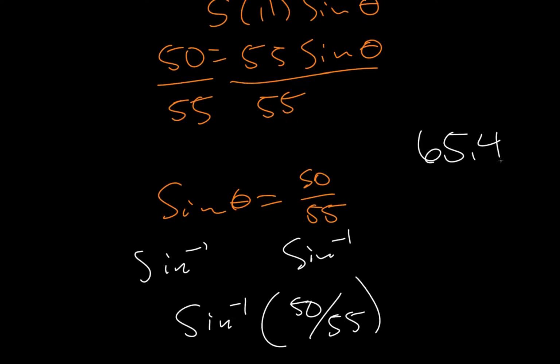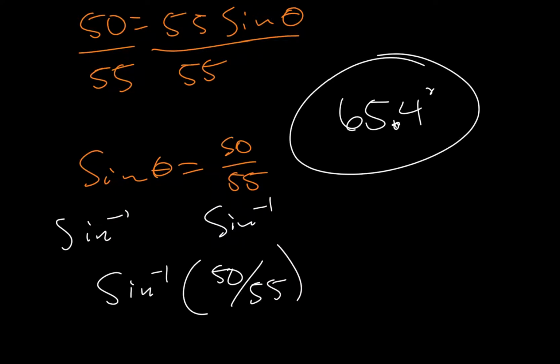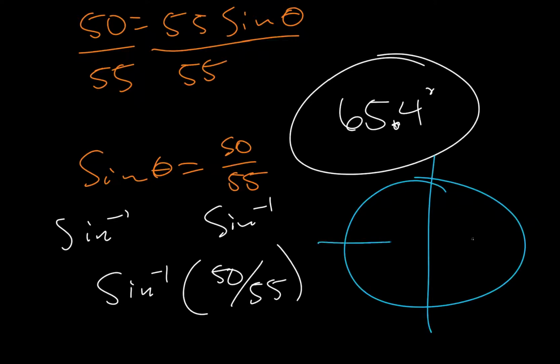Now, if you look at a unit circle, I think that's how I want to show you how to do this. So, if we look at a unit circle, and 65.4, we don't have to be exact, but remember the sine value, we had this thing, cosine theta, sine theta.